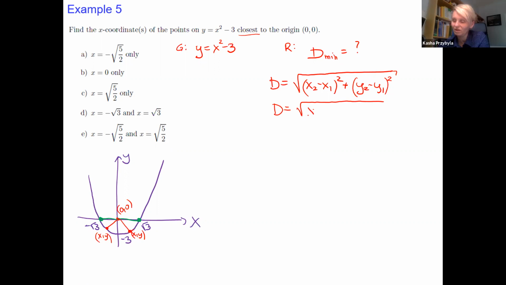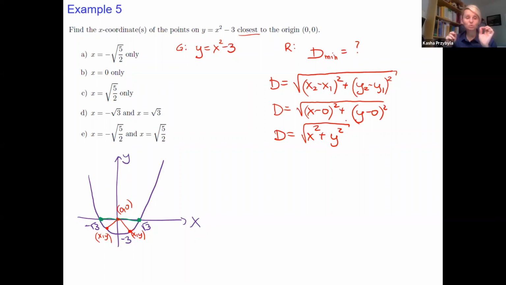That means we will have x minus 0 and y minus 0. Of course, it's pointless to write 0 because it's the distance from the origin to x, y. I don't know where the x, y is; it could be even this one.